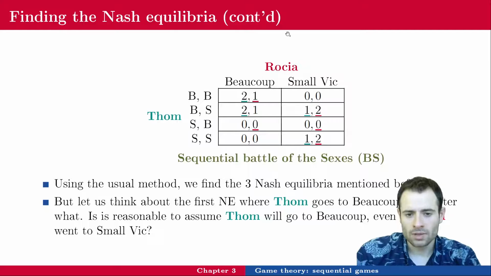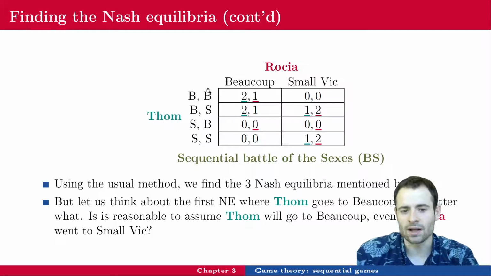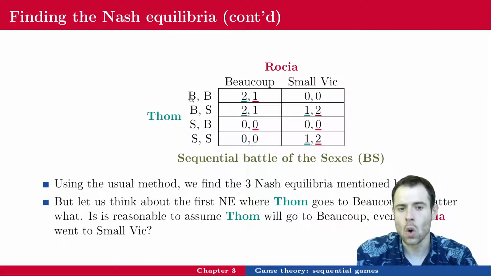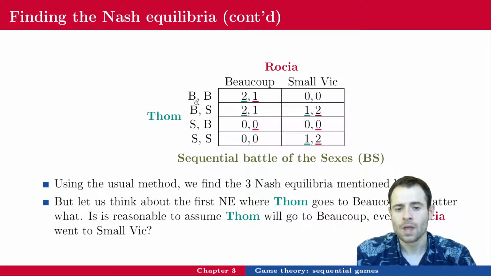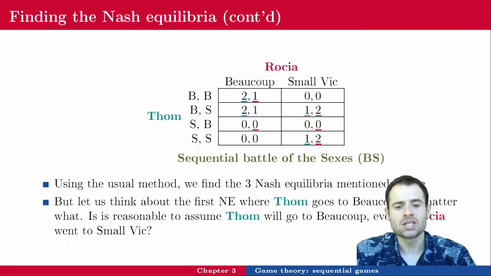So I am debating the best response aspect of the second action. The first action is, if she goes to beaucoup, yes, he wants to meet her at beaucoup. So beaucoup if beaucoup is the first good move. But beaucoup if she goes to small victory is not a good move in the case where she goes to small victory.